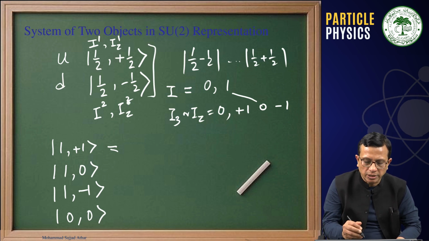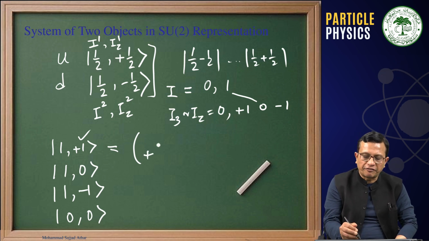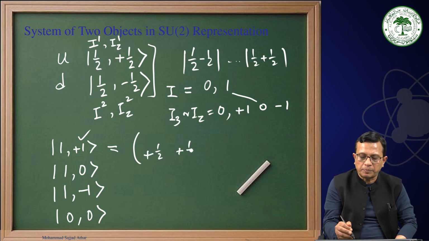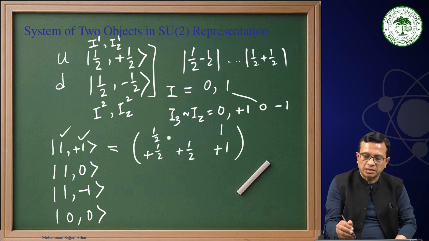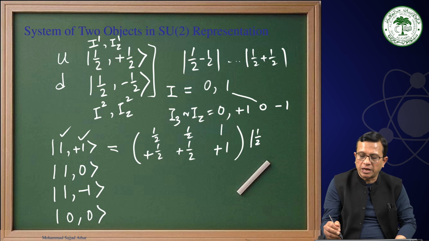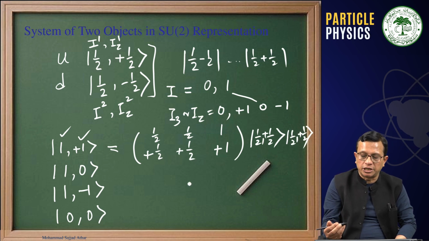The answer was that since the projections are algebraically added, this has to be plus half and plus half to give us plus 1. We know that 1 can have projection plus 1, and therefore these are the two isotopic spin half objects, and we are forming this from a half plus half object, which we may call J1 M1, and another half plus half object, which we may call J2 M2.